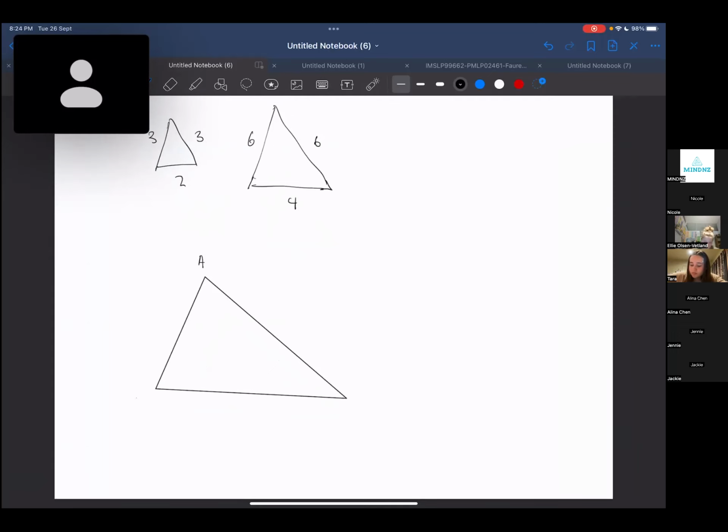So we want to label our sides A, B, C. Okay. And then now what we want to do, sorry, is find the midpoints of each side so that we can construct the perpendicular bisector.